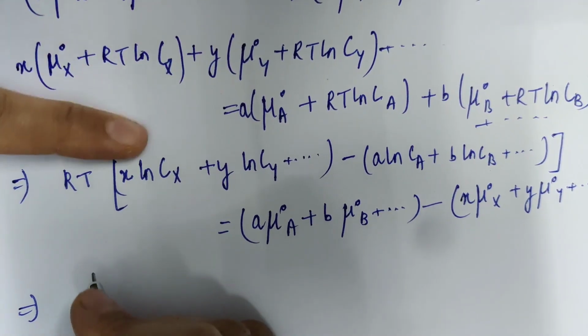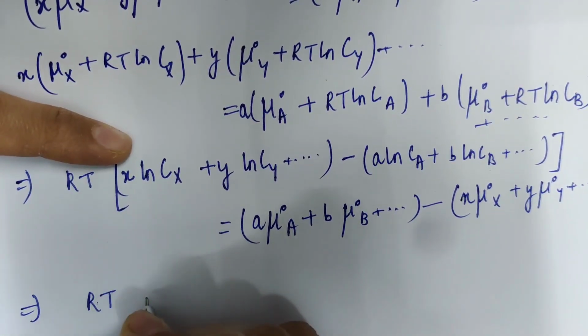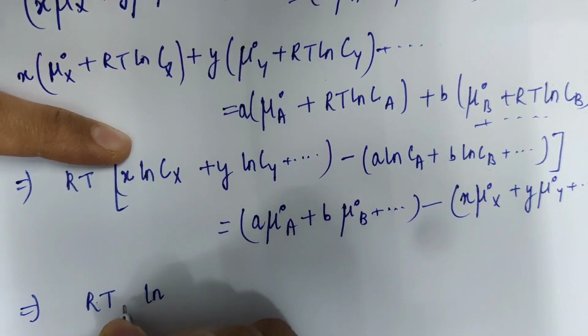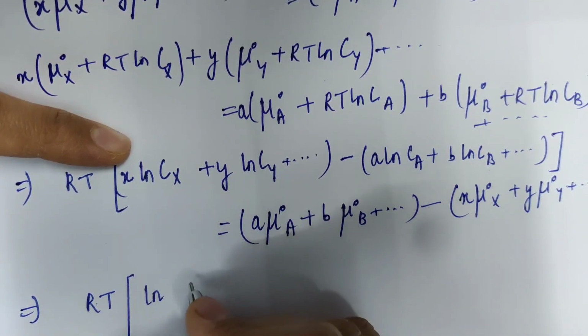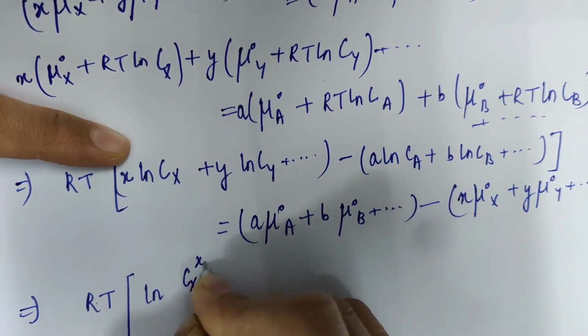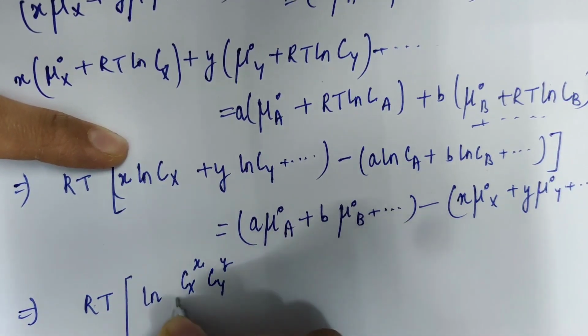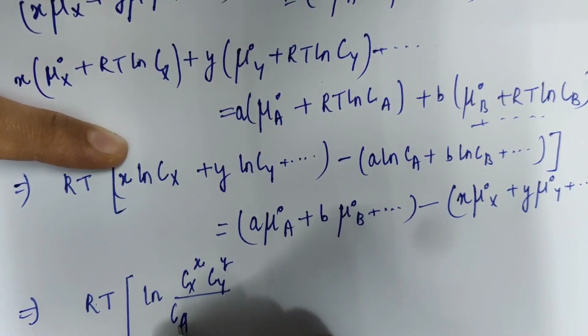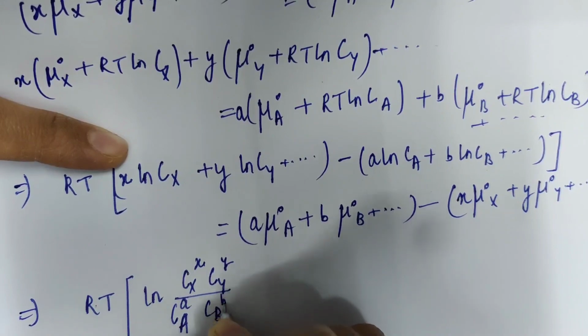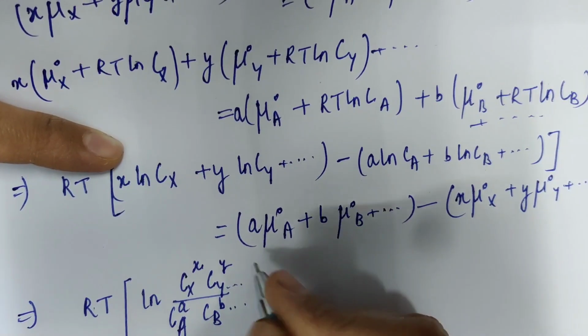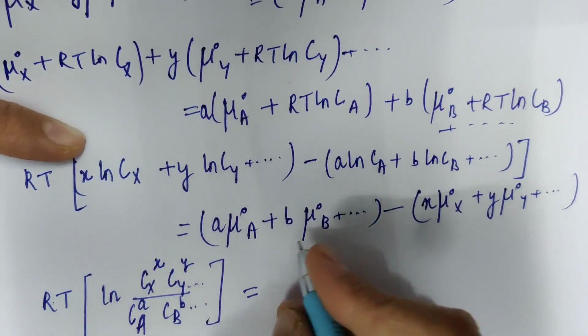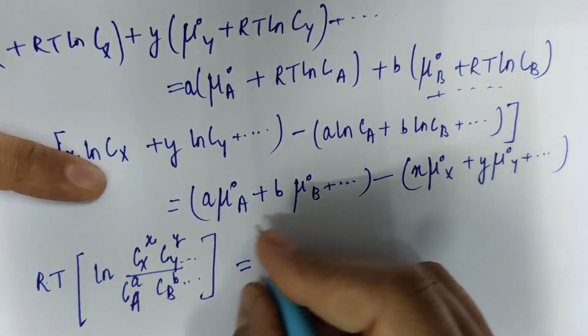And if we shorten our log terms, we get ln of Cx raised to power x, Cy raised to power y divided by Ca raised to power a, Cb raised to power b, and so on is equal to this.